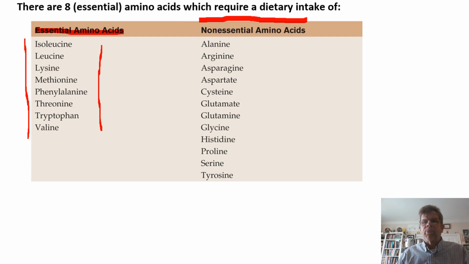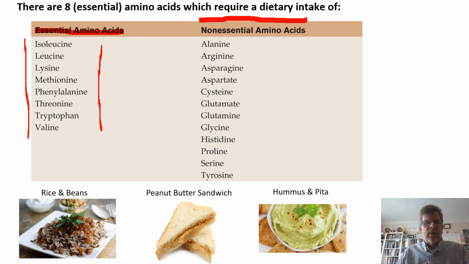Examples of whole proteins, if you're not a red meat fan, would be rice and beans. Rice has high quantities of certain amino acids, and beans have certain quantities of other amino acids, and together they make up what is considered a whole protein. A couple of other examples would be a peanut butter sandwich.